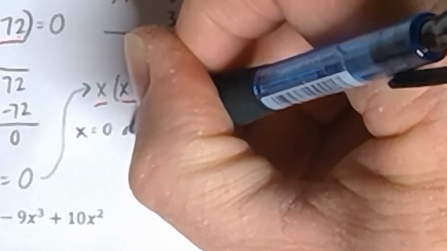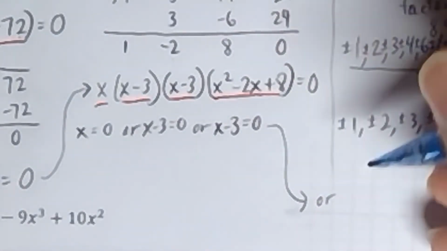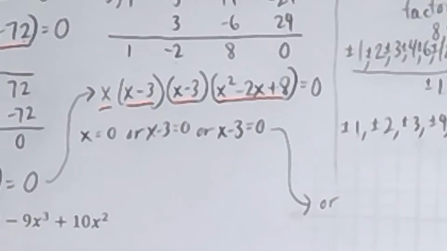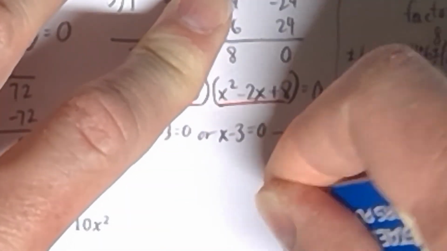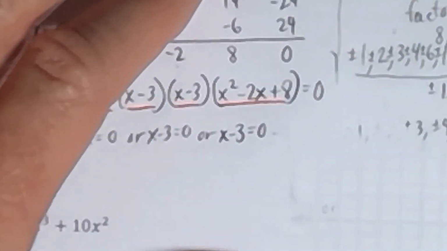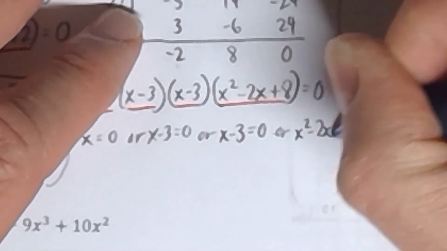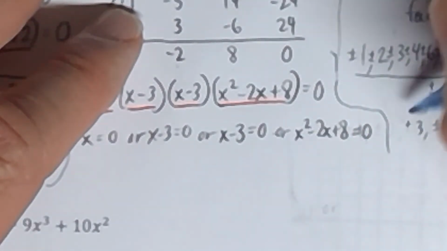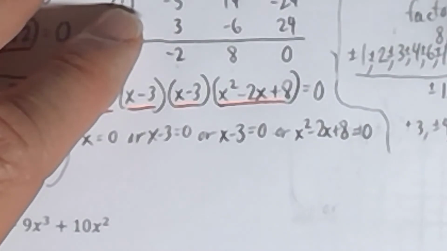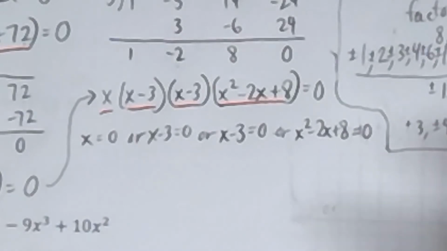Let me make some more room here by moving some of these over. I want to fit this in so that you can see it all in one line here. There we go.